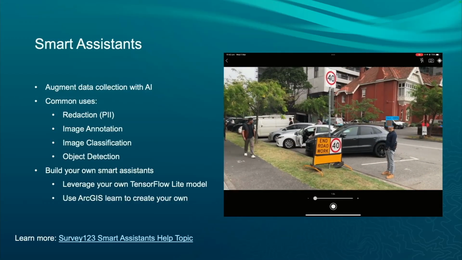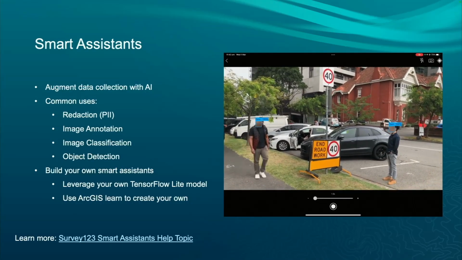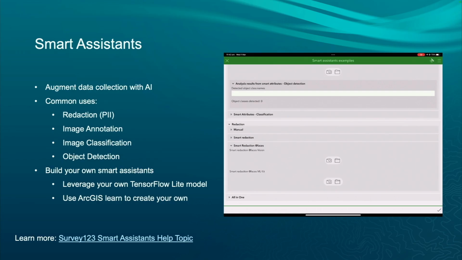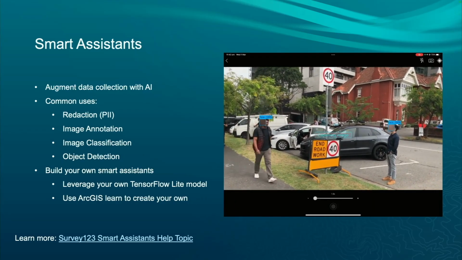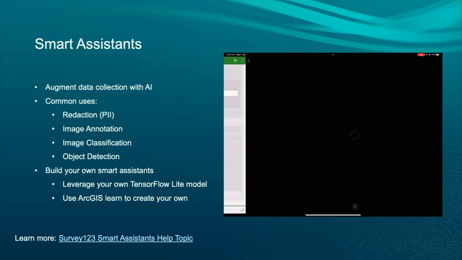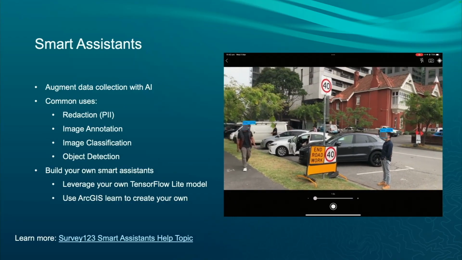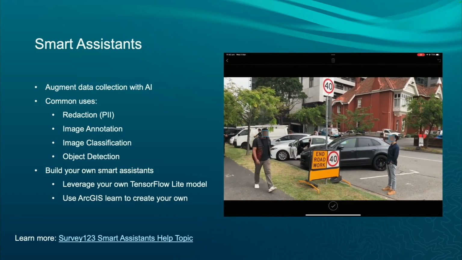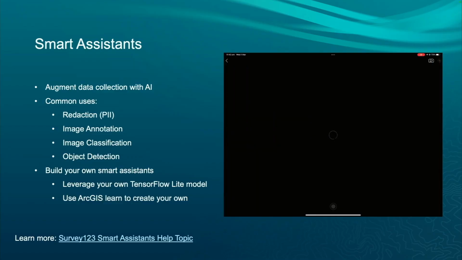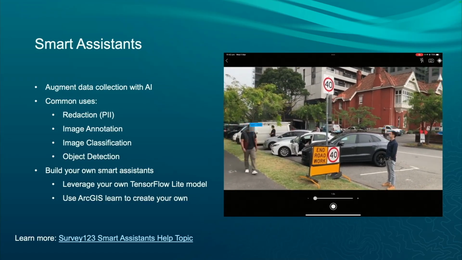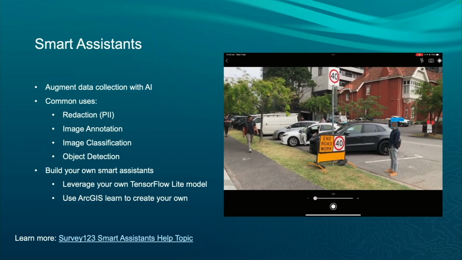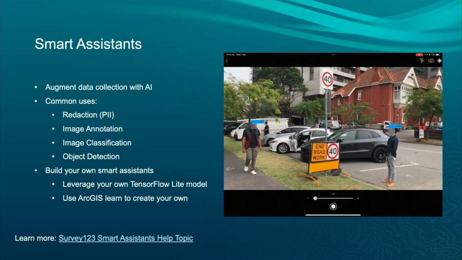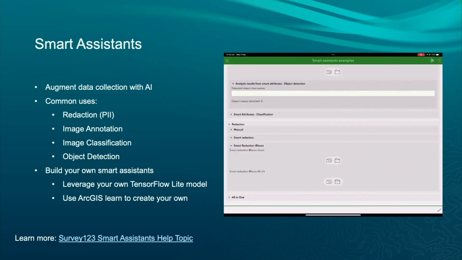We've also enhanced, as I mentioned, with smart assistants. This is taking AI models and taking them with your form out into the field. So, AI at the edge. You create your own model for either object detection or image classification, associate it with the survey, configure the question to use the model, and then have that happen live as you see in the camera preview.